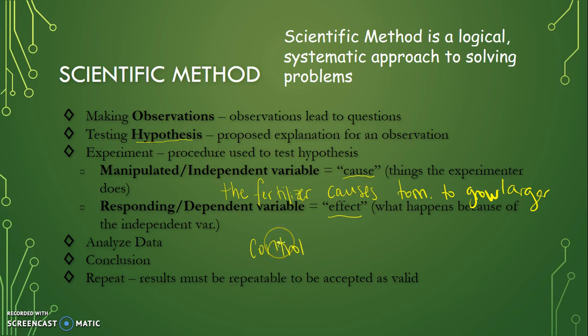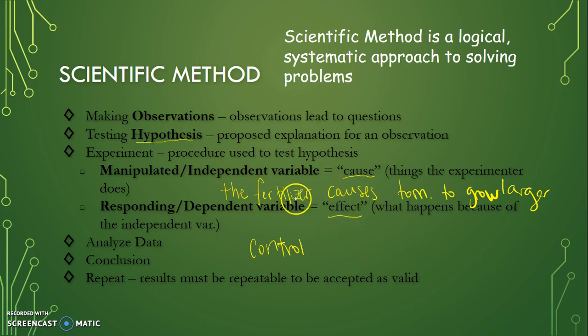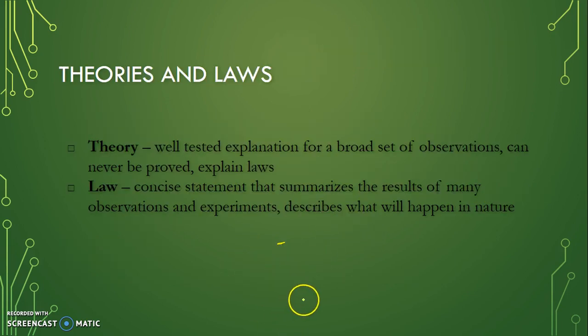The purpose of the control is to have a basis for comparison. So in other words, if you did the tomato experiment, you would need to have some tomatoes that aren't given any fertilizer so that you have something to compare them to. If you fertilize all of them, then you have no basis to make a conclusion. They're bigger compared to what? So, have a control.